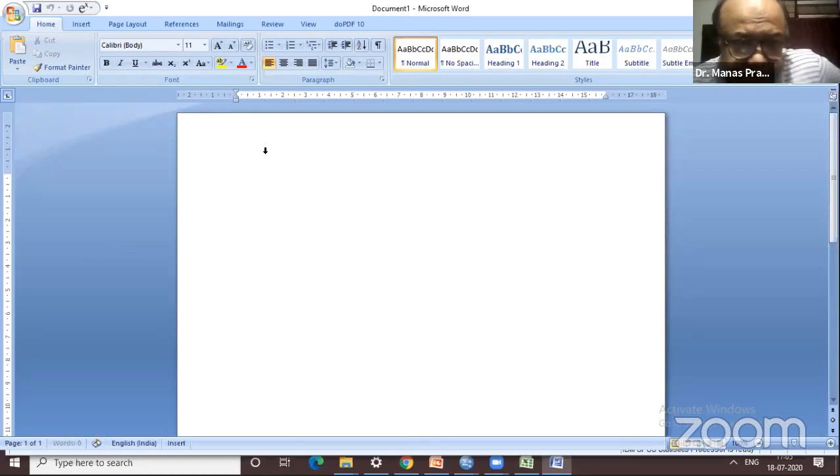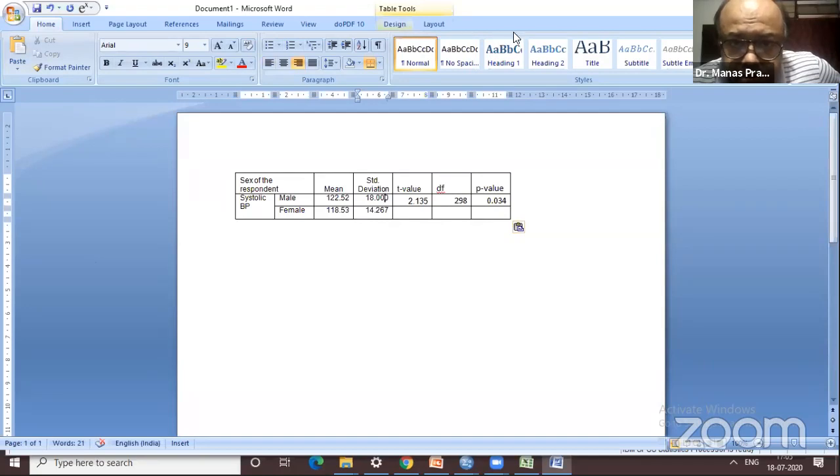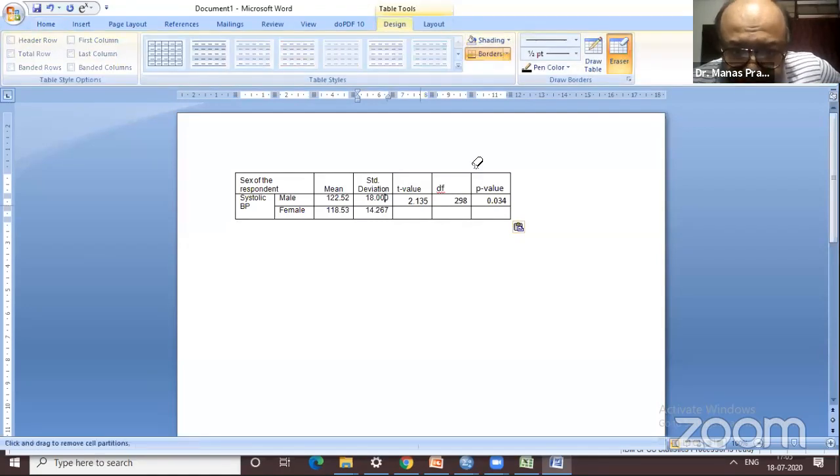So this is the table, and what I can do is just erase this one, because this is for both the groups. So this is the table, and this can be presented very easily.